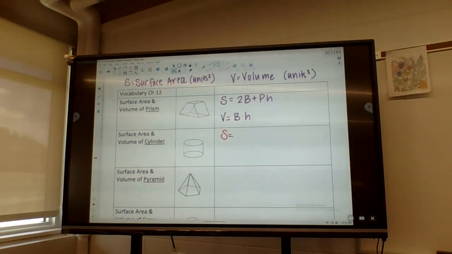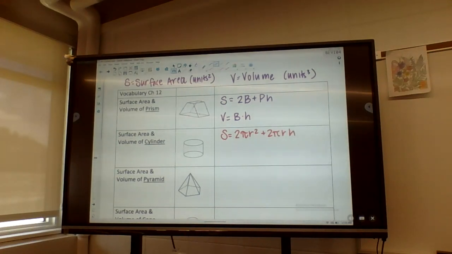Now this one, I'm going to write it the way we probably will use it. So pi r squared plus 2 pi r h.